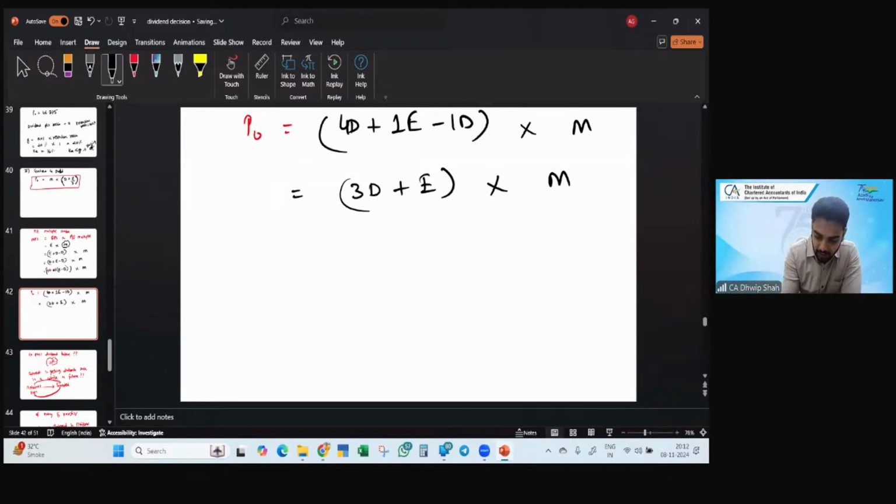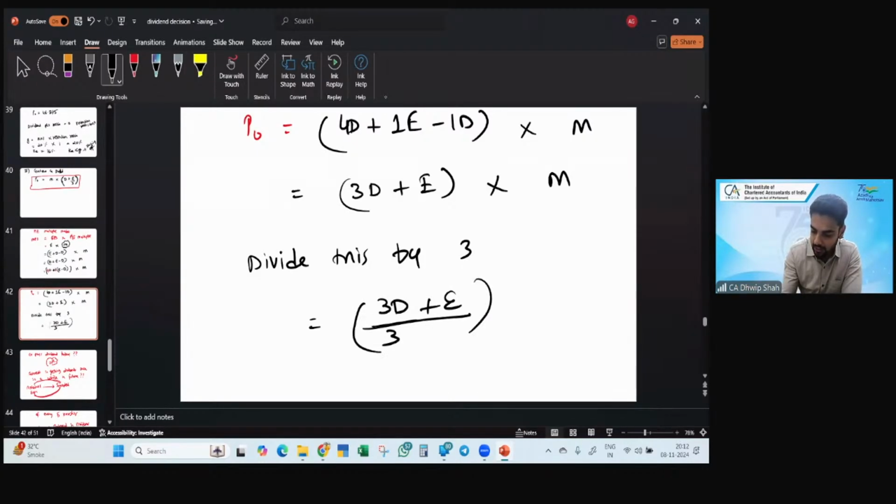Now if I divide this by 3, can I say 3D divided by 3 plus E, the whole divided by 3? You can write it this way also: 3D divided by 3 plus E divided by 3, multiplied by the multiplier. The 3 gets cancelled.